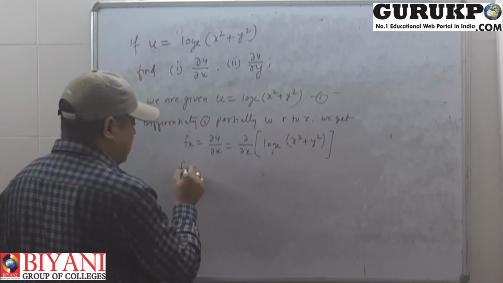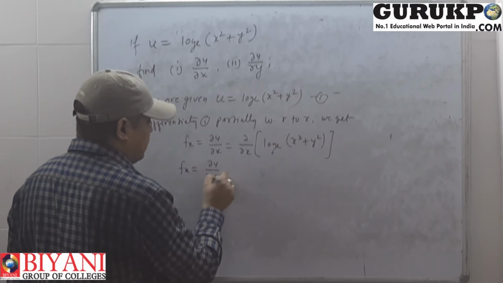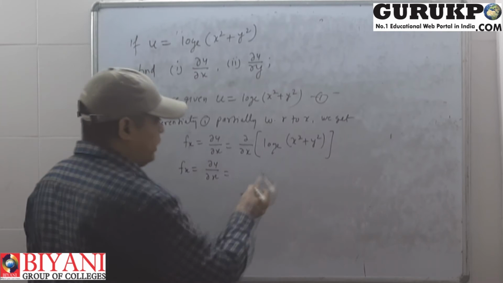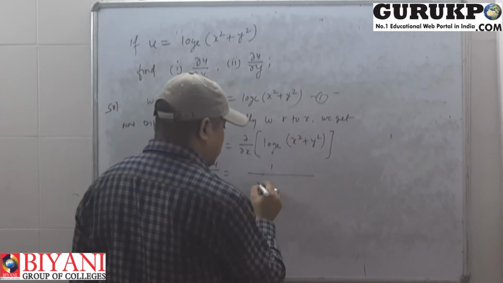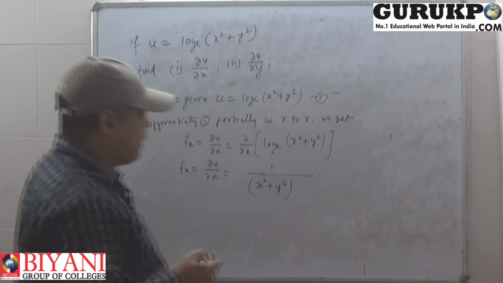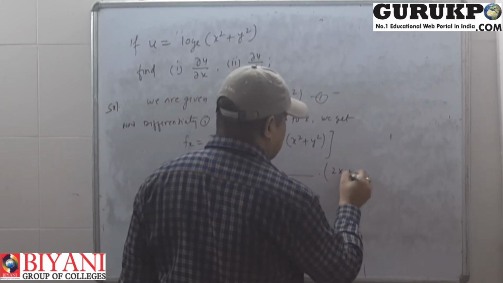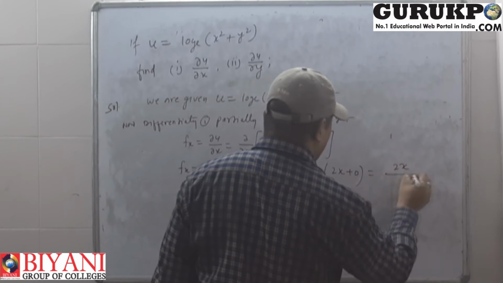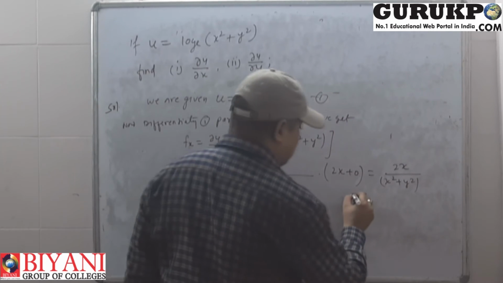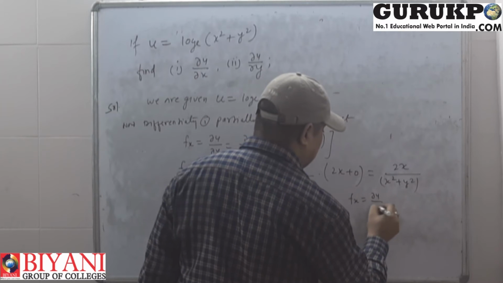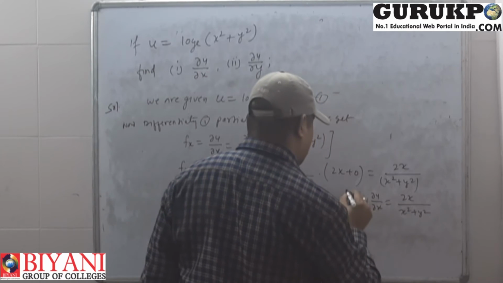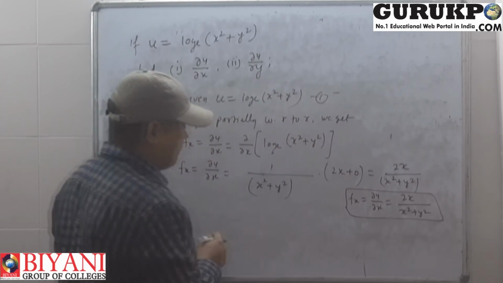You know that the differentiation of log x is 1 by x, therefore it will be treated as 1 upon x square plus y square, and by applying the chain rule we have 2x plus 0, therefore we have 2x upon x square plus y square. So f of x del u by del x is 2x upon x square plus y square. It is the first derivative of the given function.